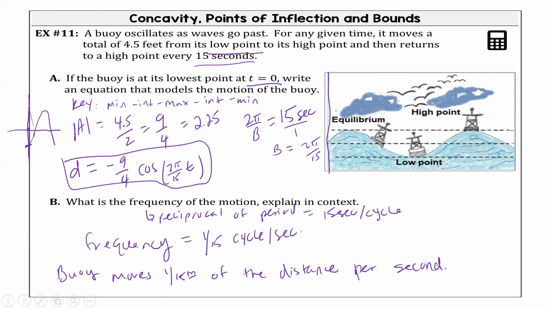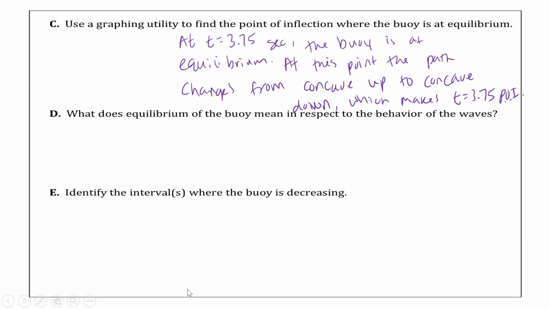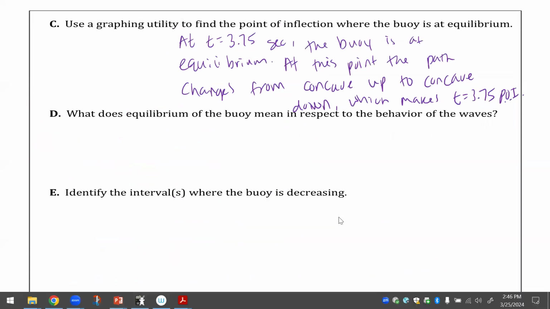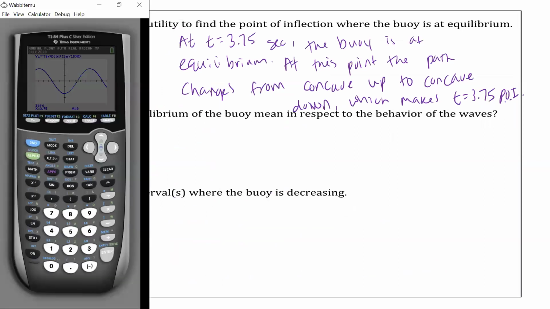Okay, so I'm going to say that ideally, based on our graph, it has to be your midline. Based on our graph, the significance of when it's at equilibrium is that it's the midline of the wave. So I would write: equilibrium takes place at the midline of the height of the wave.